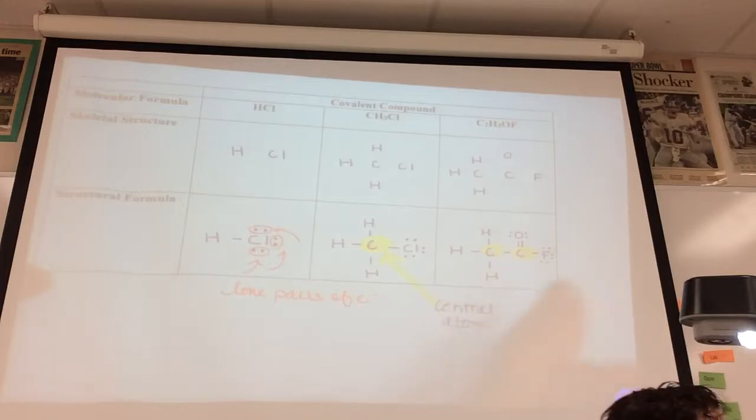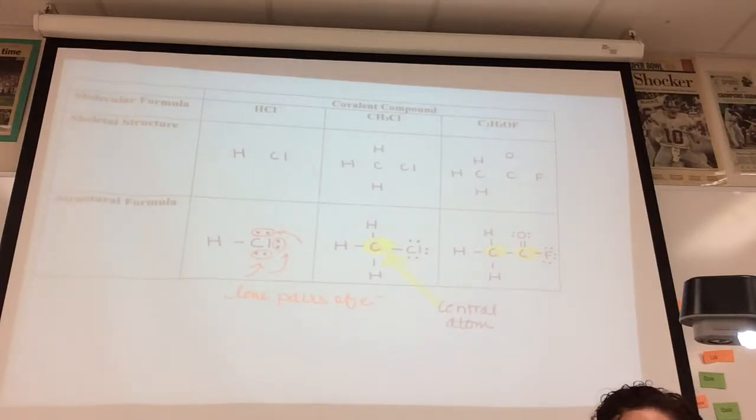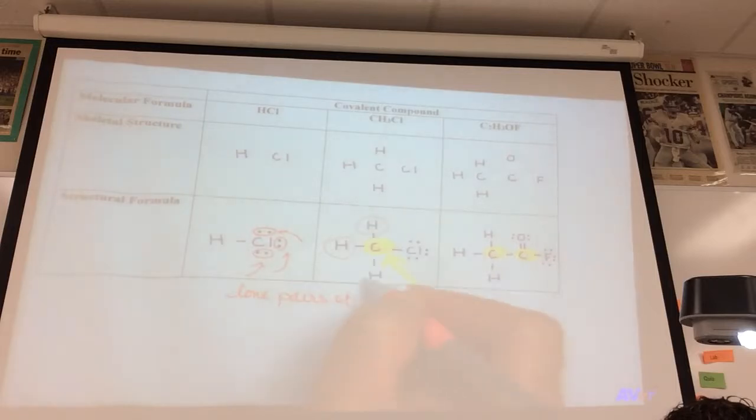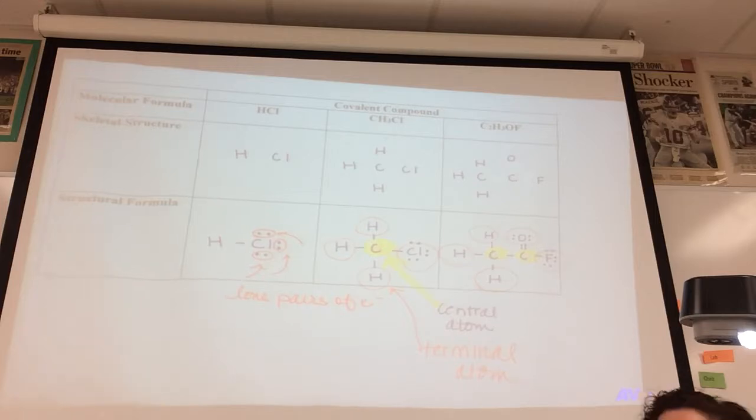Typically, the central atom has the lowest electronegativity value, although there are exceptions to that rule. Atoms that only link to one other atom, that is the atoms at the ends, are referred to as terminal atoms. When somebody is terminal, they are nearing the end. And that is a terminal atom.